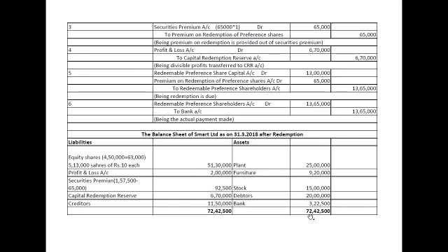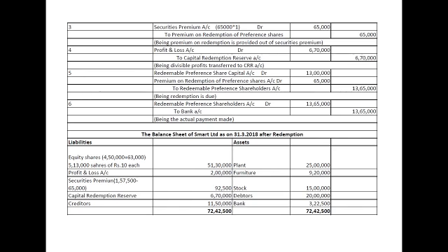Next, third entry for transfer of securities premium amount to the premium on redemption of preference shares. In this problem, they clearly mentioned that redemption is made at a premium of 5%.